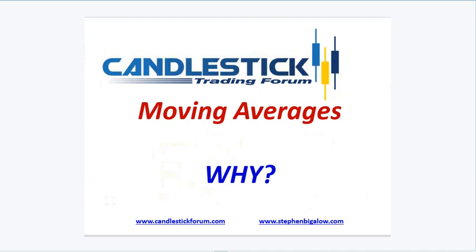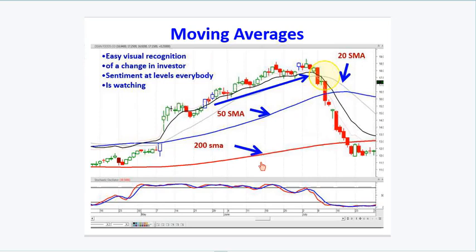We're not using the moving averages to make our decisions with candlestick signals. We're using the moving averages to see what everybody else is doing based upon their decisions at their indicators, which are the moving averages. So very simple.